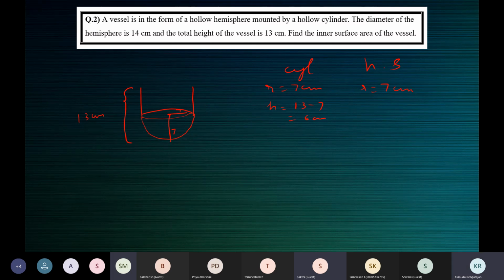So what is the expression that is to be used to find the inner surface area of the vessel?